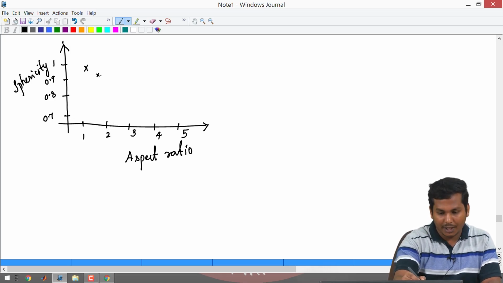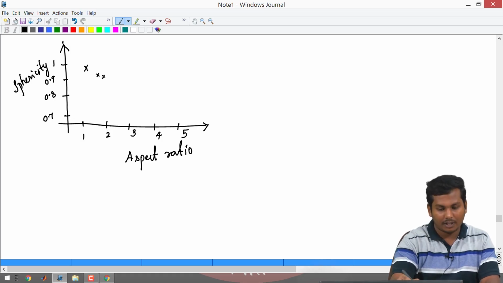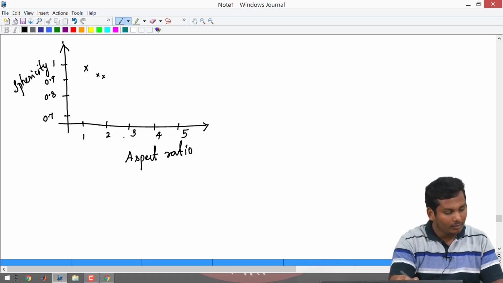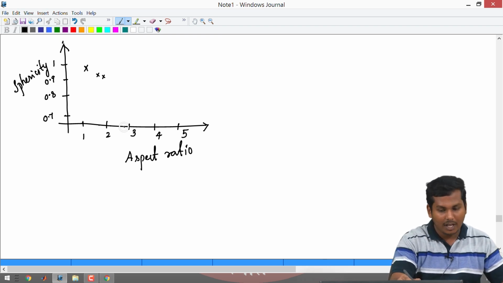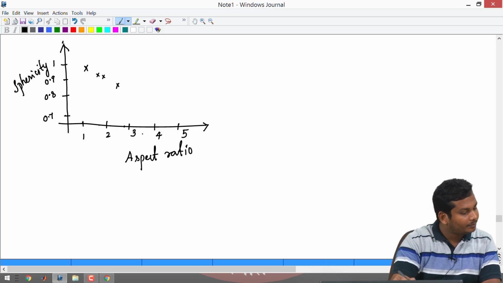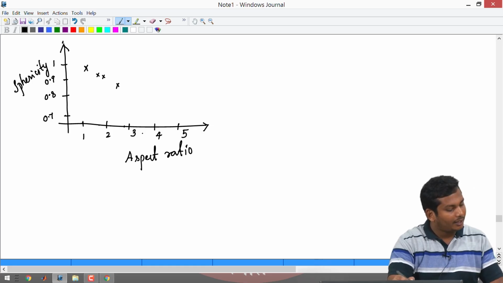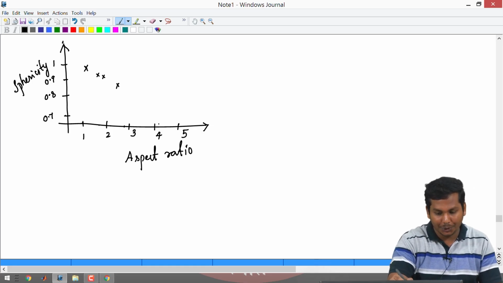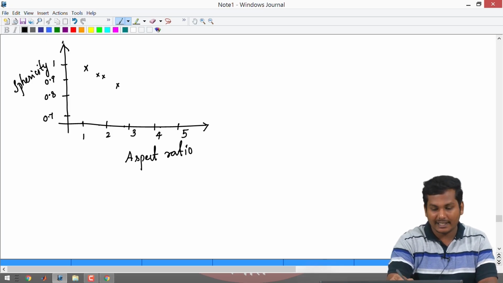0.9179, which is 0.92, which is around there, and then for the aspect ratio of 2.7, we have got the value to be 0.8714, something like that, and for the final one, the aspect ratio is 4.2, and we got the sphericity to be 0.7672, which is around there.